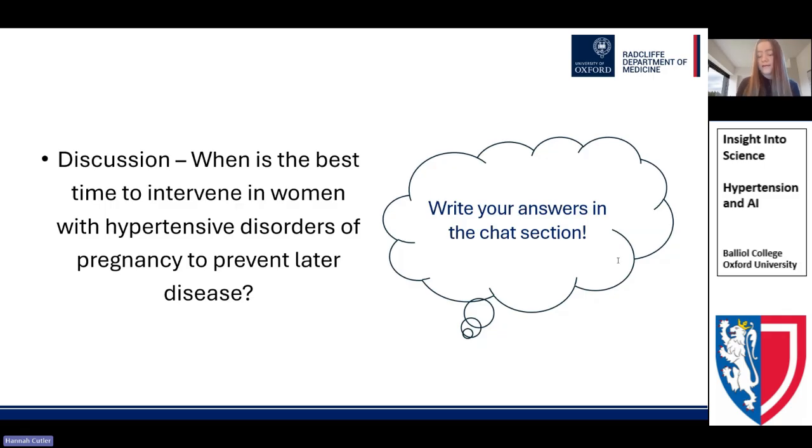And also that's a good answer as well. So if the woman already has an underlying condition, so some people have renal dysfunction before pregnancy. If you already know about that, you might be able to prevent it before the pregnancy. So that's really good. In other women, they might not show any dysfunction. They might be really healthy. So you might want to give them an intervention after pregnancy.